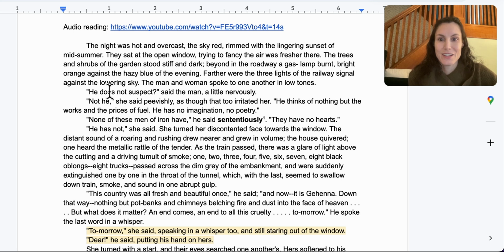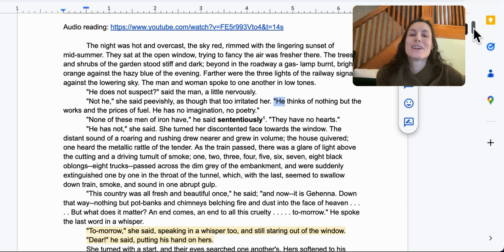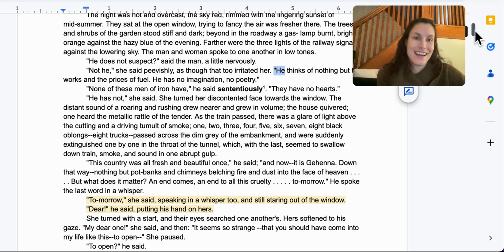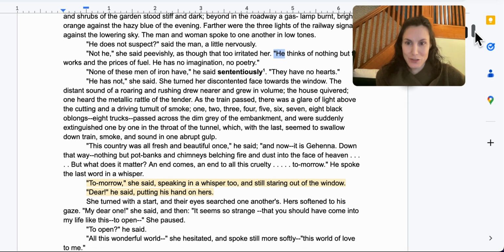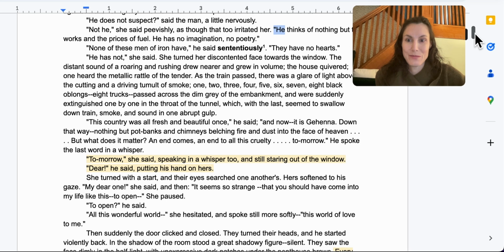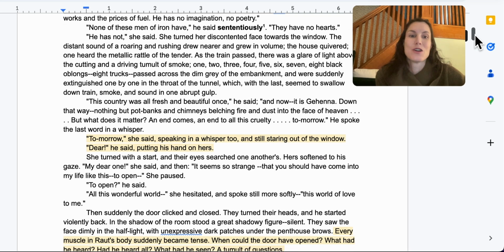So the first character we meet is, well, we meet a man and a woman having this conversation about how he thinks nothing of the works, but the works and the prices of fuel. He has no imagination, no poetry. So we learn that the guy this woman's talking to is supposed to be an artist of sorts, and we're going to learn his name is Rout.